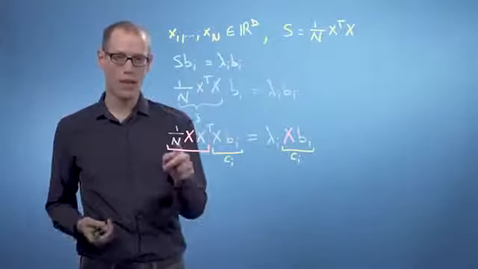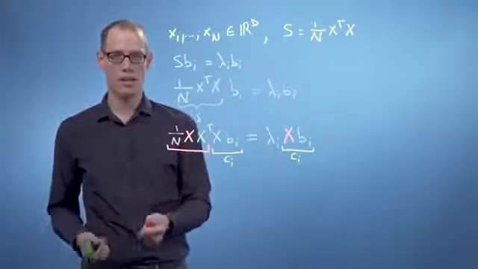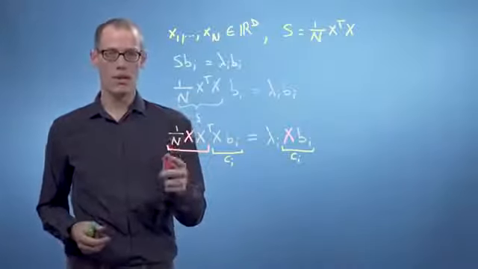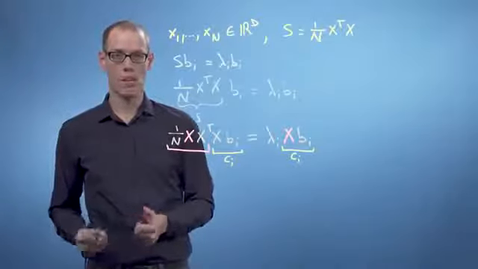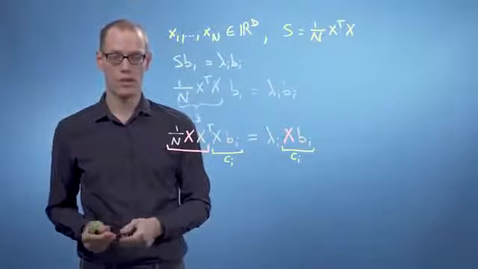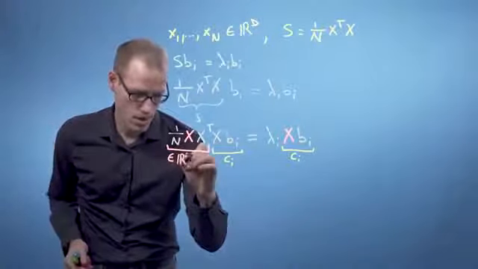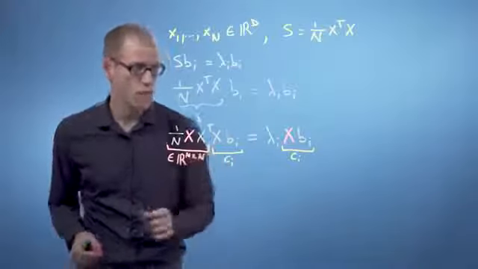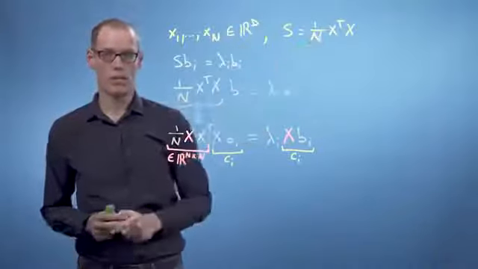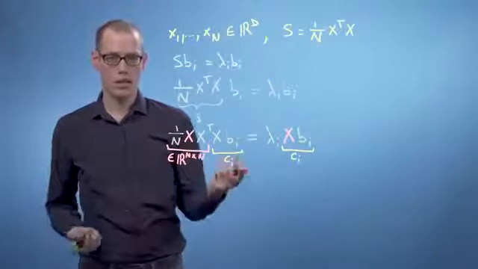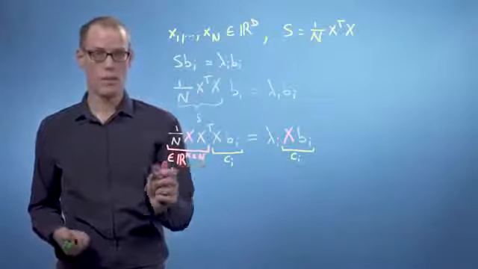This means that 1 over n times X X transpose has the same non-zero eigenvalues as the data covariance matrix, but this is now an n by n matrix, so that we can compute the eigenvalues and eigenvectors much quicker than for the original data covariance matrix. All right, so this is an n by n matrix, whereas S used to be a d by d matrix. So now we can compute the eigenvectors of this matrix 1 over n times X X transpose.